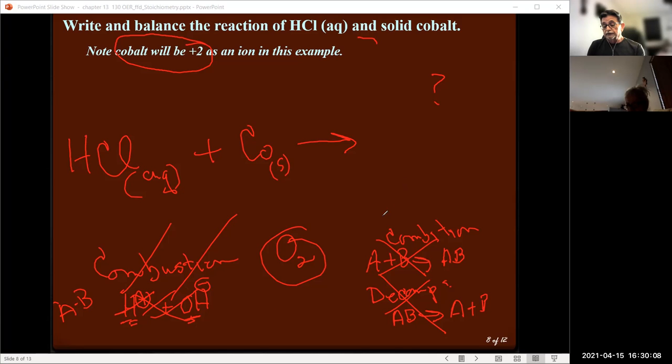Now, the other type was a double, what was it? Single replacement. Well, let's settle that for last. But we have the double replacement, right? Remember the double replacement? For some reason my pen is acting up. A double replacement reaction.